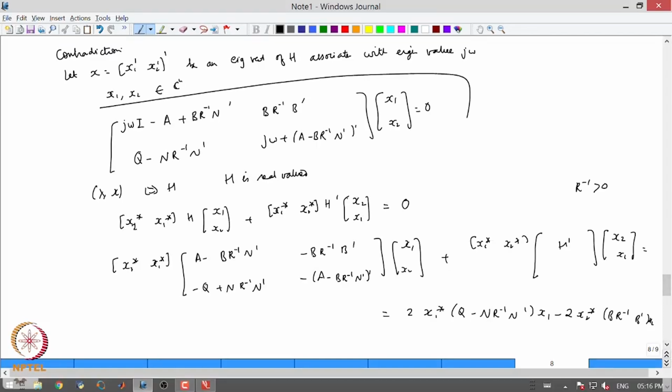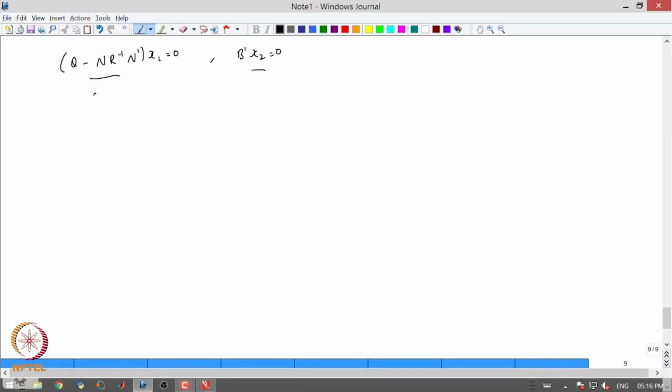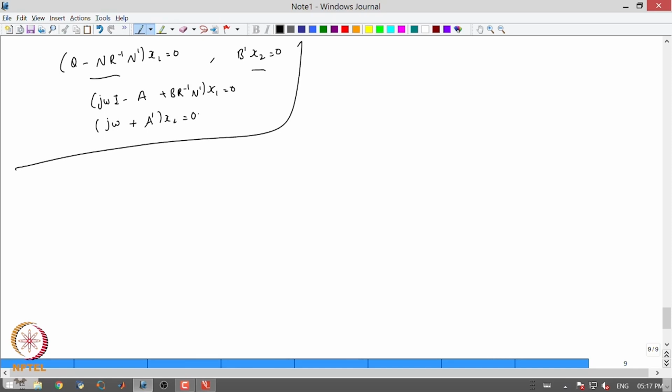Okay, now this expression combined with this gives me a couple of additional conditions, which are that (j omega I minus A plus B R inverse N transpose) x1 equal to 0. Not only that, in addition I have (j omega I plus (A minus B R inverse N transpose) transpose) x2 equal to 0. Okay, now let us see what each of these statements mean.